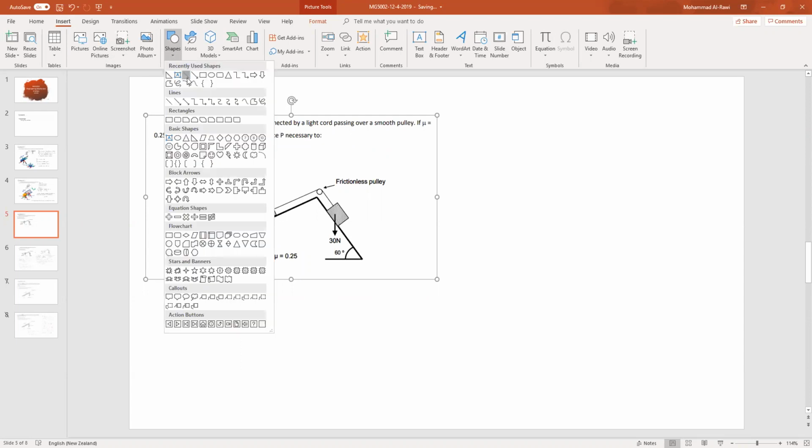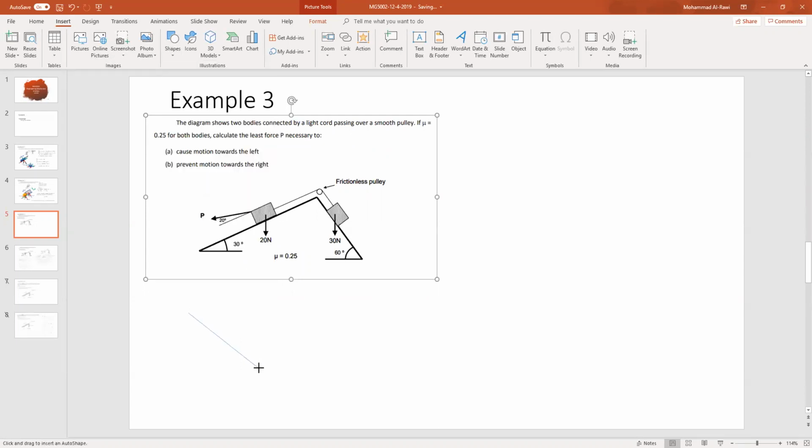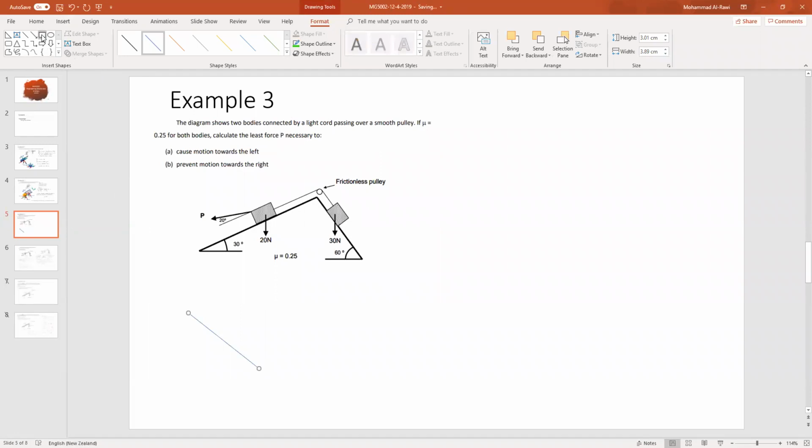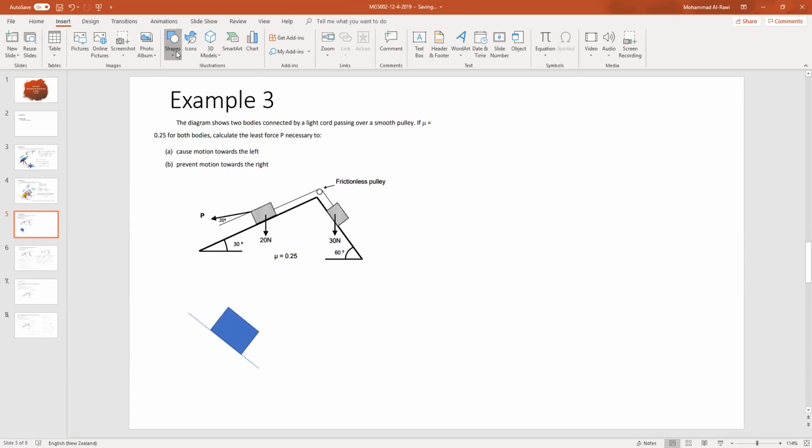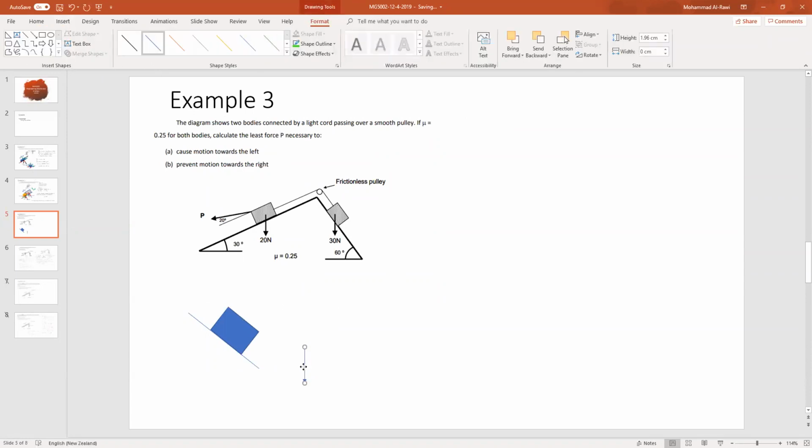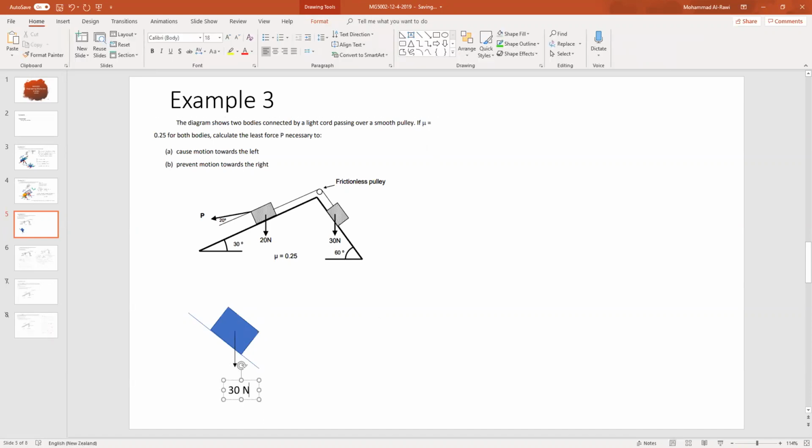So for the free body diagram, we'll have this one going in that way, and we'll sketch a crate kind of like this. We'll identify where the centroid is, make it a bit darker so we can see exactly where, and that will show the value, which is 30 newtons.